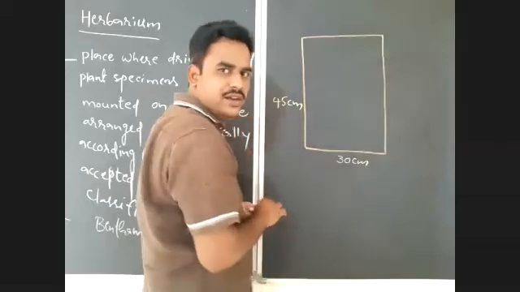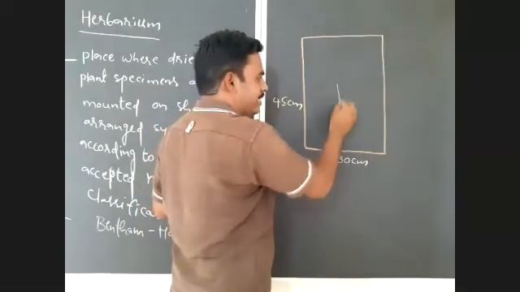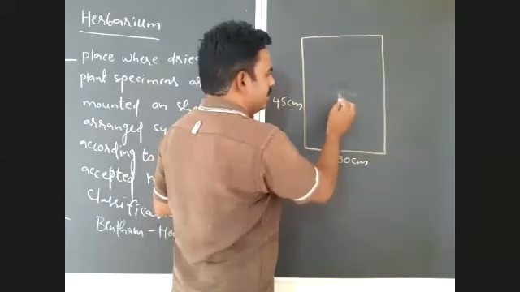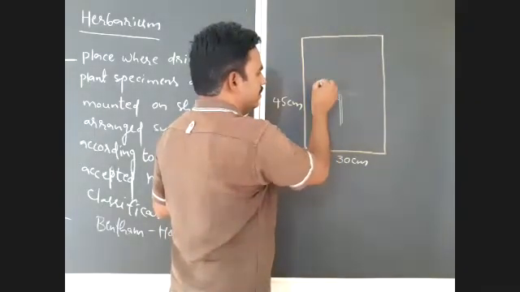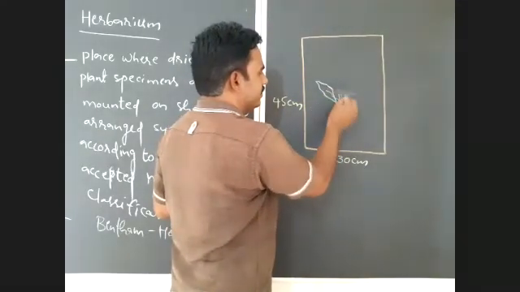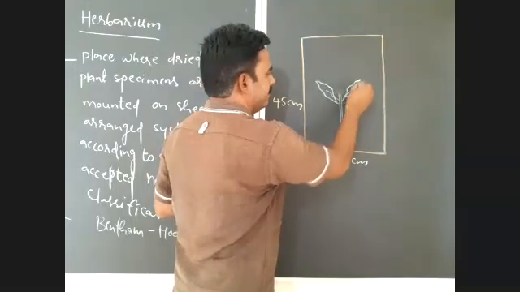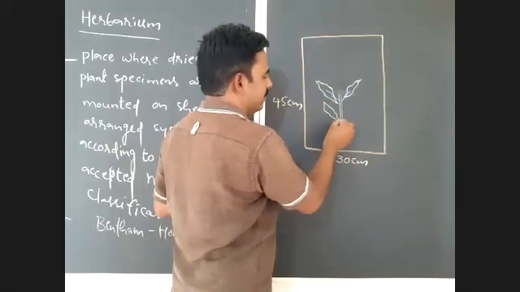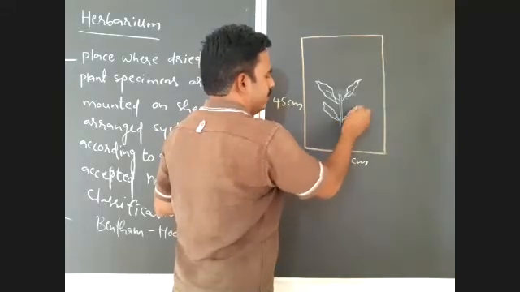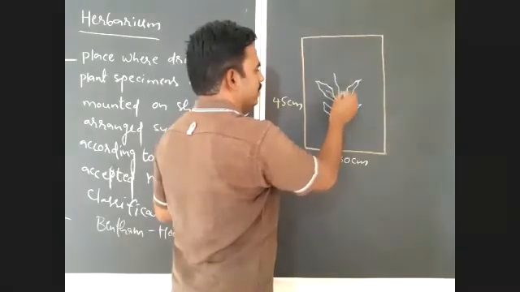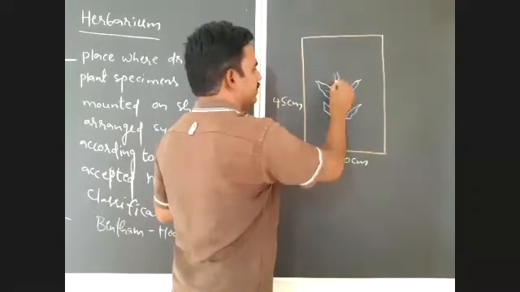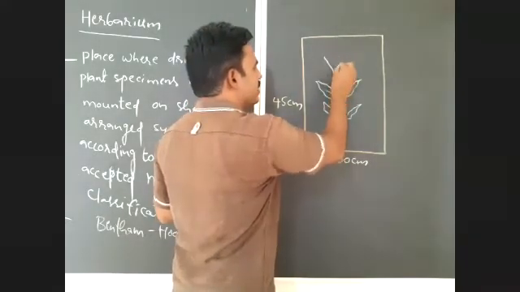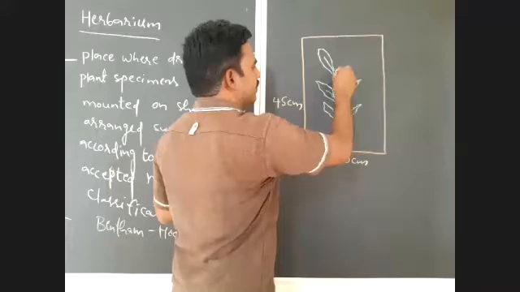For example, see here, if it is a material which you collected, like that, leaves. So like this, if there is plant material, you will press like this.